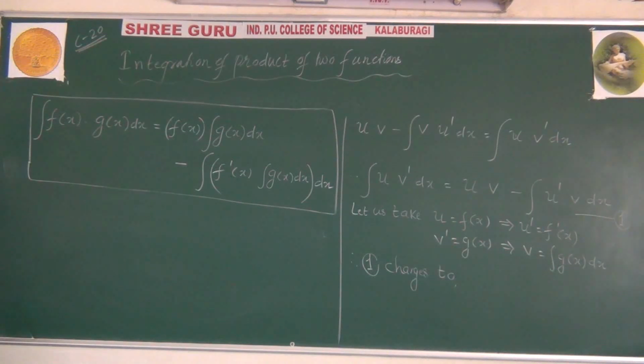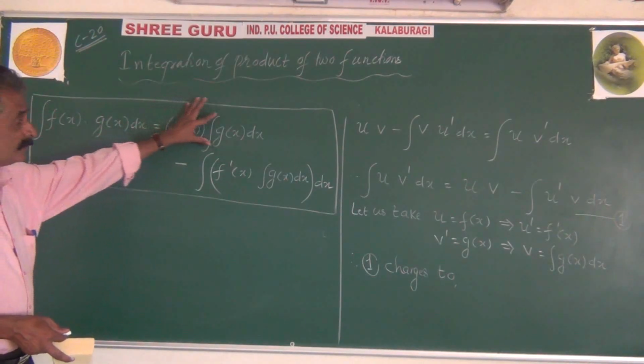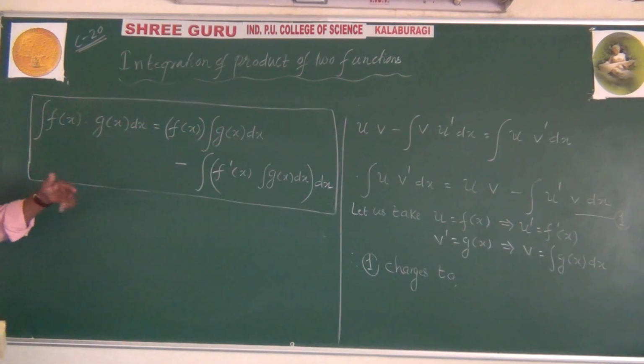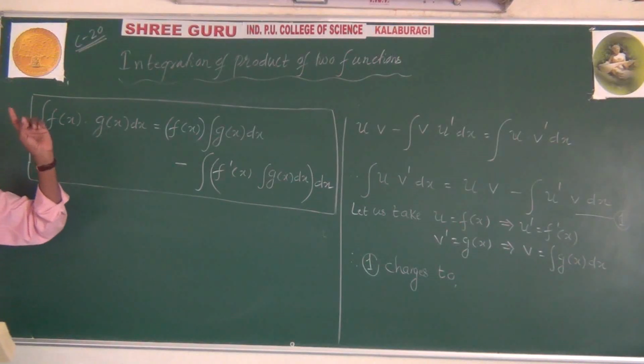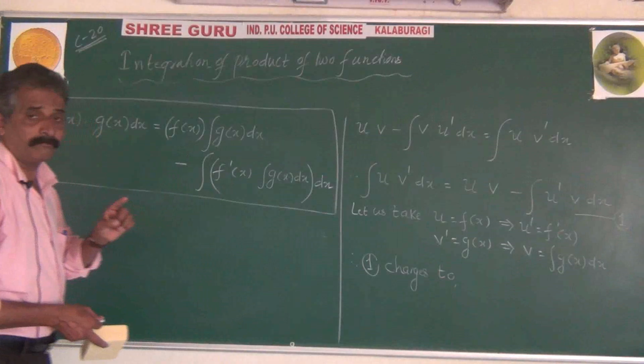Very simple formula. After some practice, integration of f x into g x is f x as it is into integration of g x. Just like our product rule type, first function into differentiation of second. Only thing, in product rule we had plus, but here we have minus.